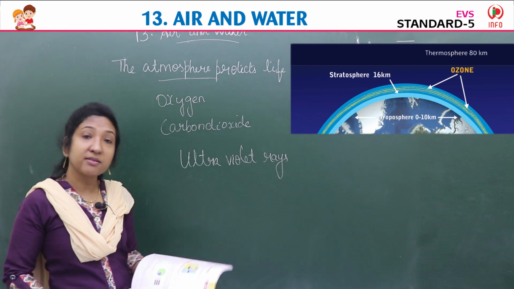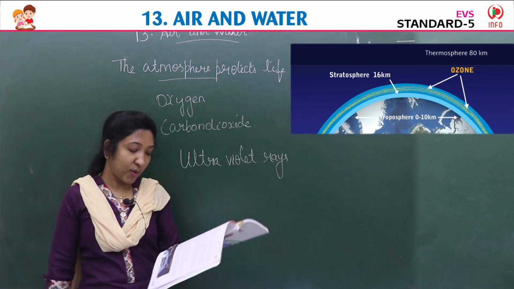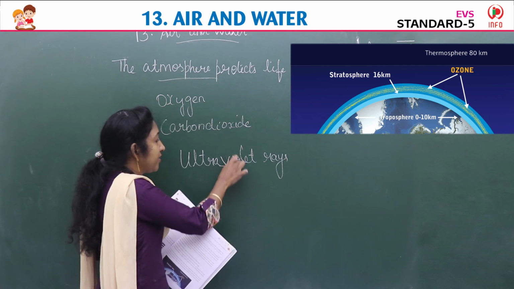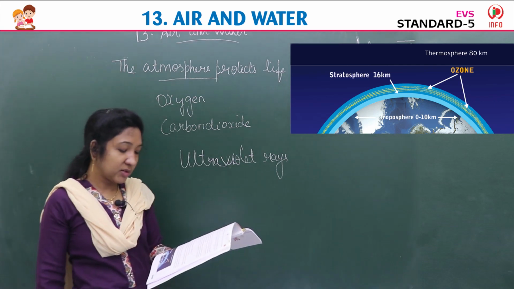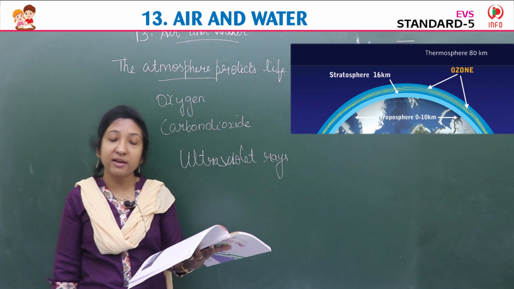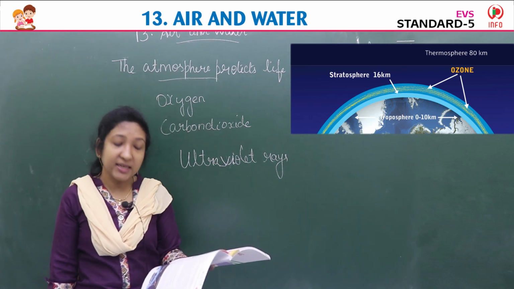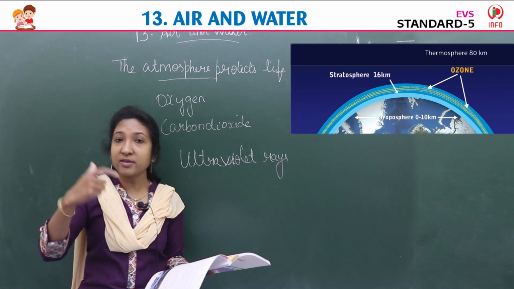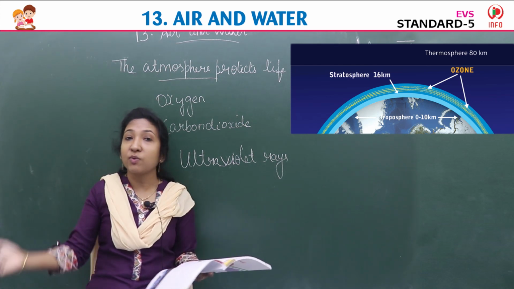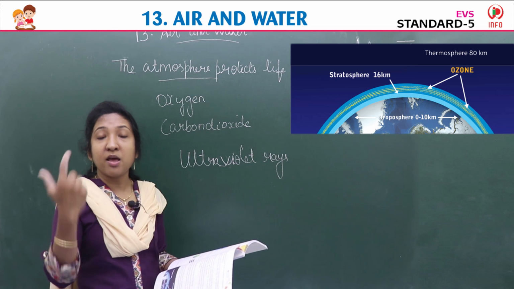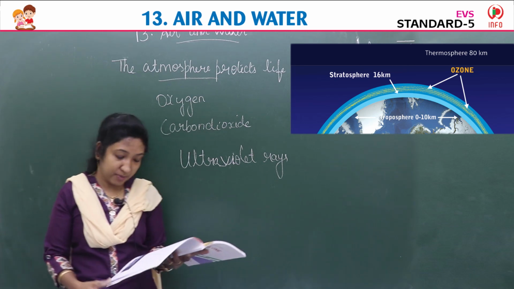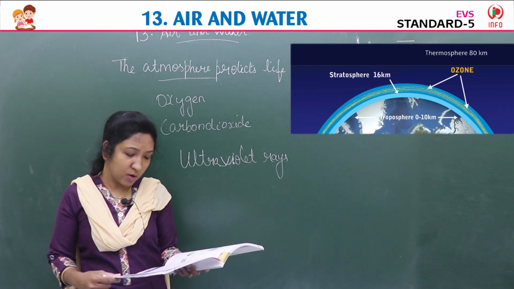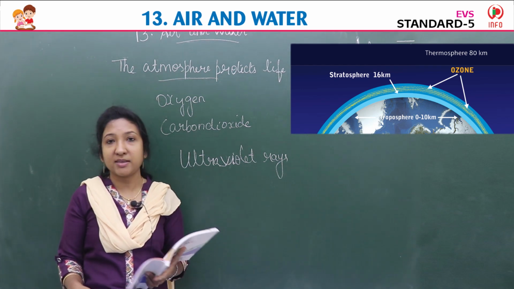The sun gives out rays called ultraviolet rays. These rays are very harmful to living things. They cause skin cancer and problems in the eyes. The ozone layer absorbs most of these harmful rays and protects us.